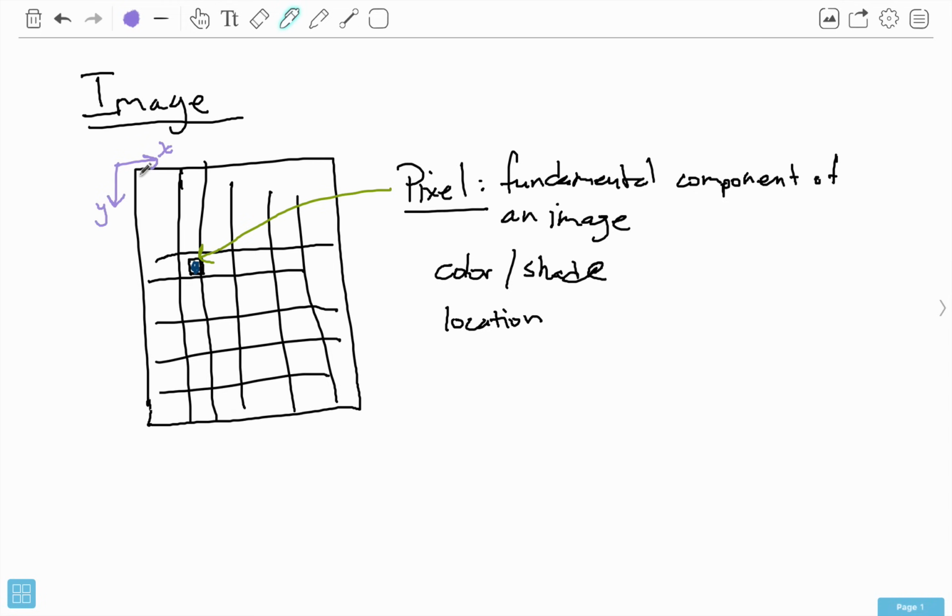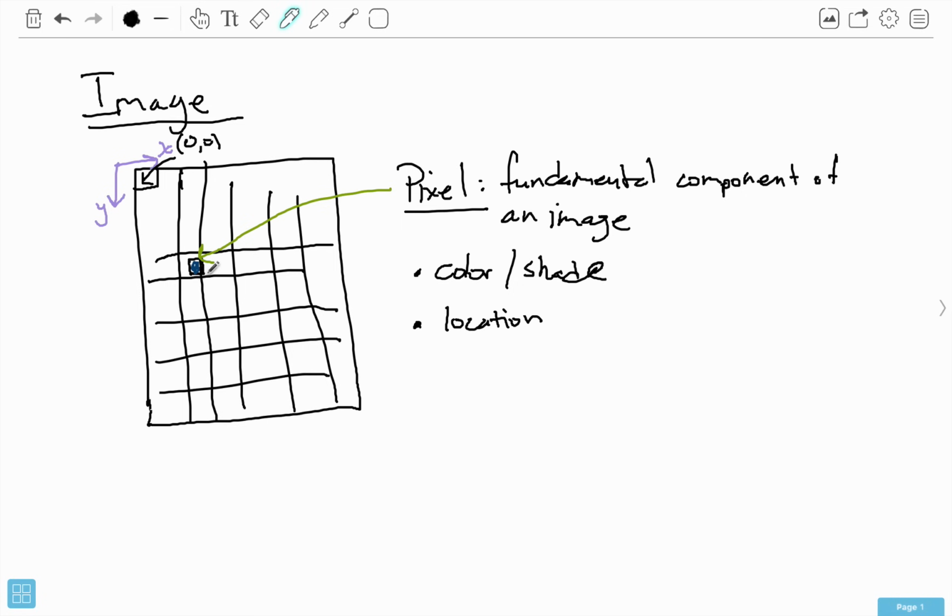Based on this knowledge, the very first pixel here would be the pixel at position 0, 0. So 0, 0 is this pixel right here. And then we can figure out the rest of the pixels knowing that the top left is the origin. So pixels have these two fundamental things about them: they have color or shade, and they also have location within the image.